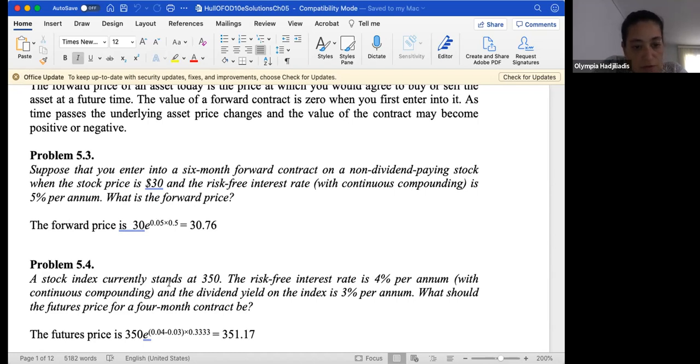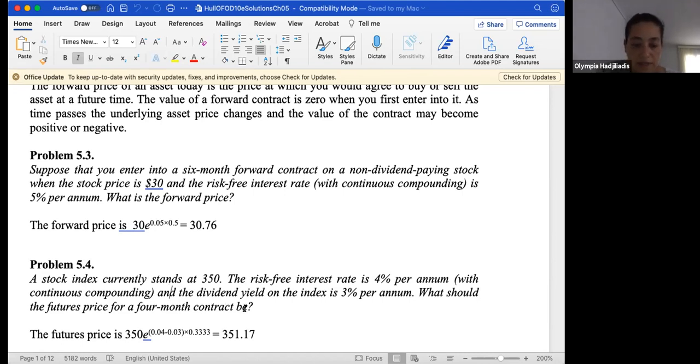What should the futures price for a 4-month contract be? The futures price should be 350 times e to the (0.04 minus 0.03) times 1/3 of a year, because it's a 4-month contract.